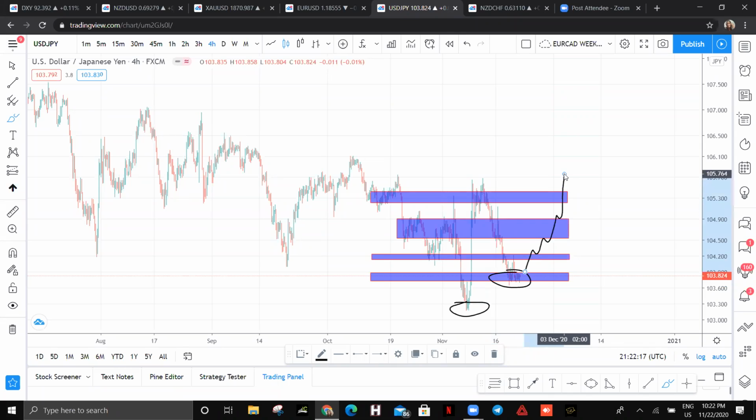And now the secret between USD/JPY and gold is that they are inversely correlated. If USD/JPY is selling, gold will be buying. If USD/JPY is buying, gold will be selling. So now we've seen our analysis on gold, where we're expecting a drop.